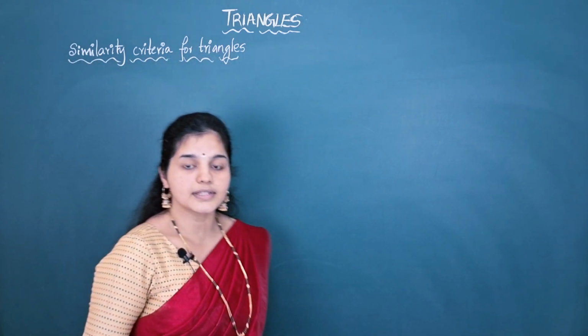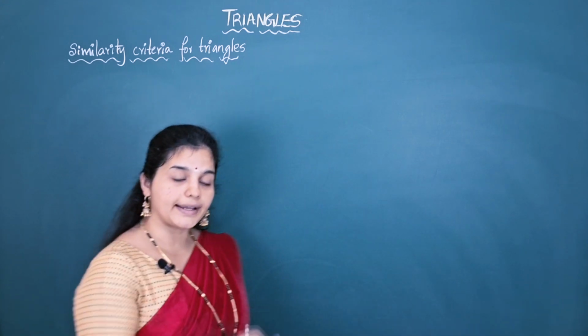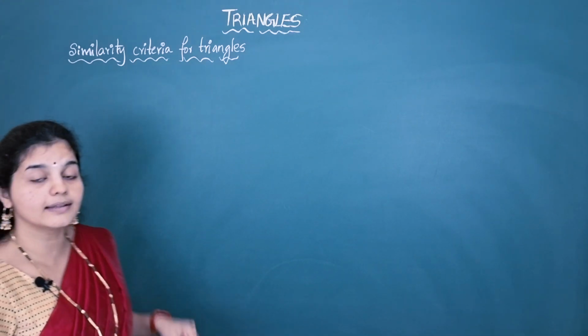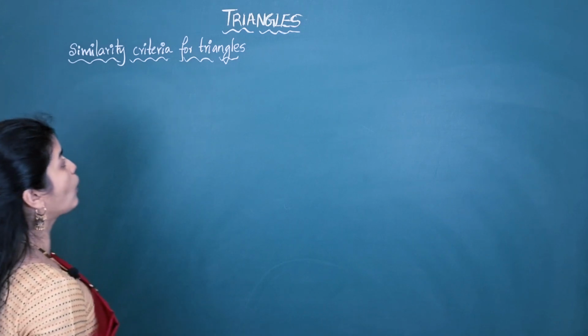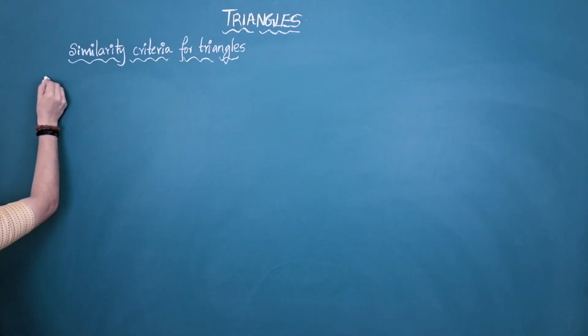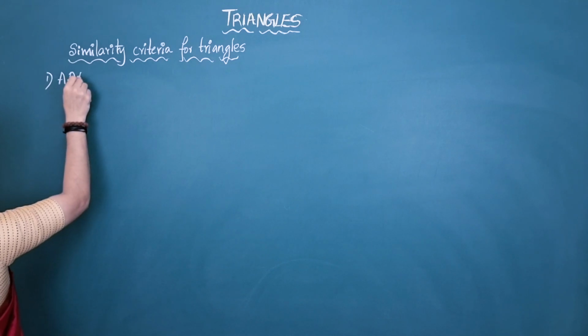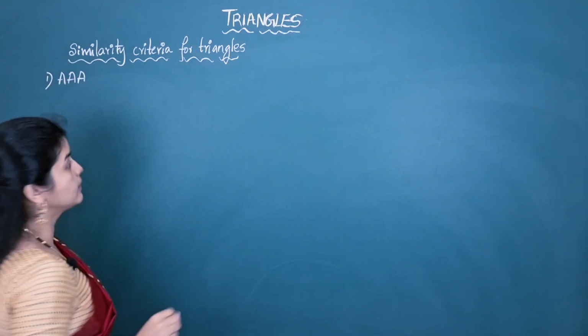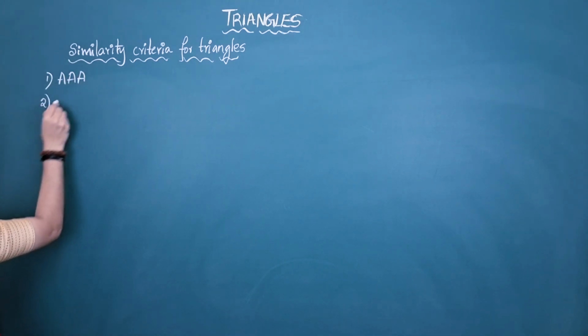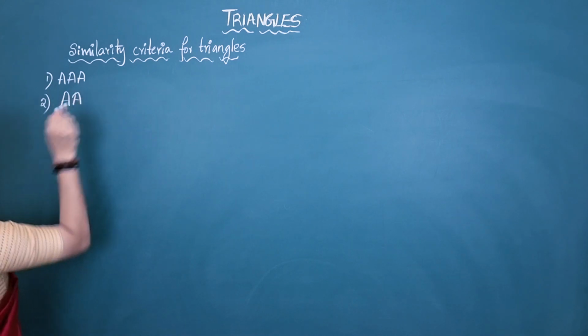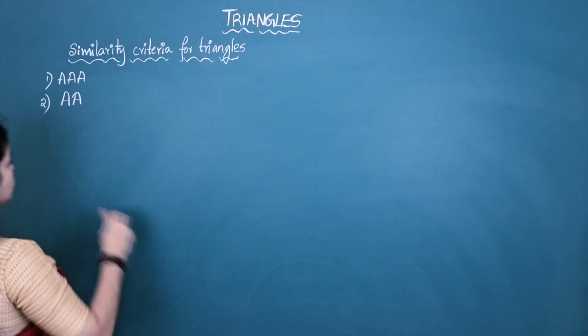So here we are going to discuss the 4 different criteria based on which you can check the similarity of triangles. So we have angle criteria. Second one, angle similarity criteria.